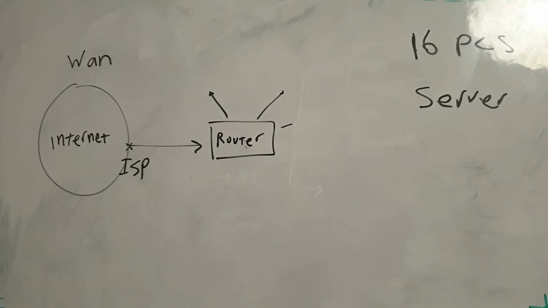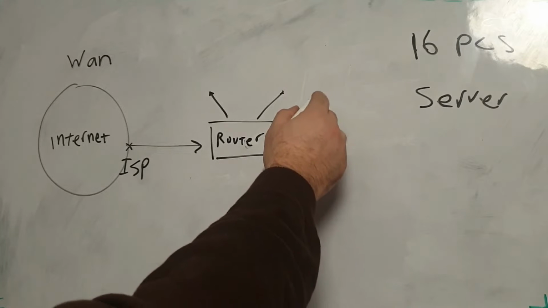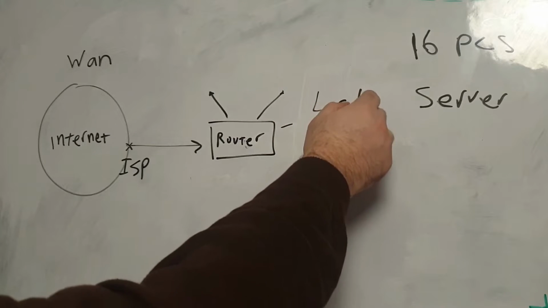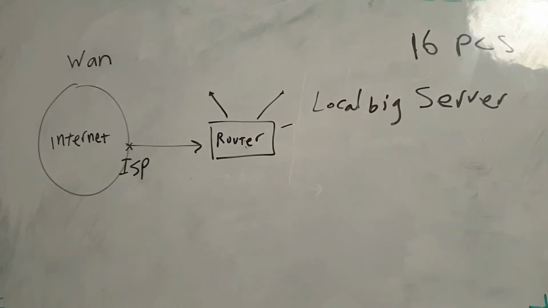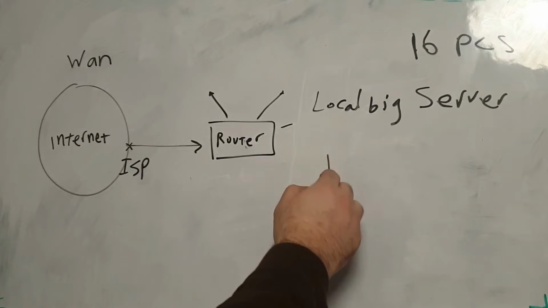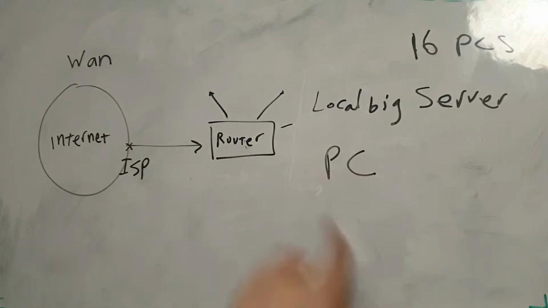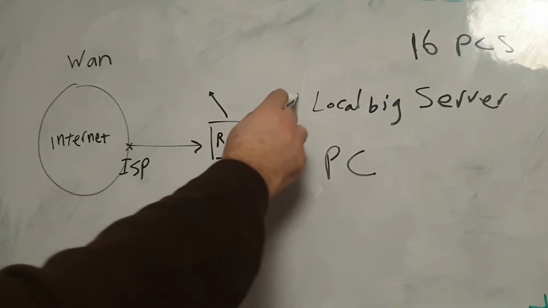Let me see what name. All right, we call it local big server. And then we will have one other PC that is in a different room but is connected to the same router.